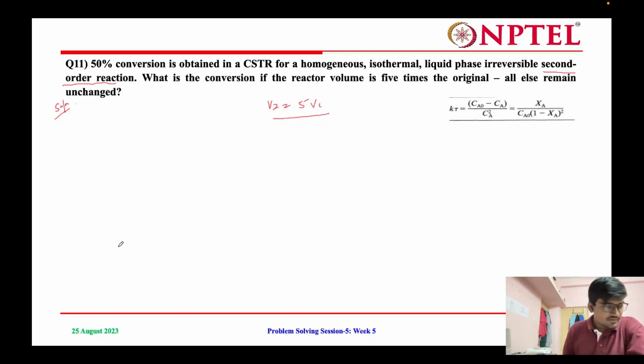The performance equation for second order kinetics for a CSTR is k tau C_A0 = X_A / (1 - X_A) squared, right?